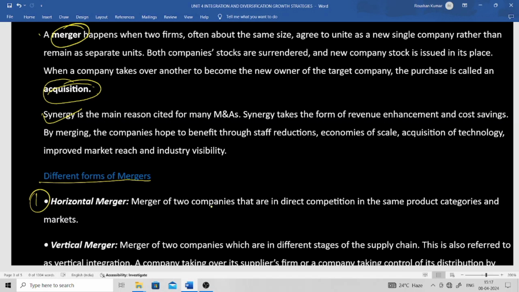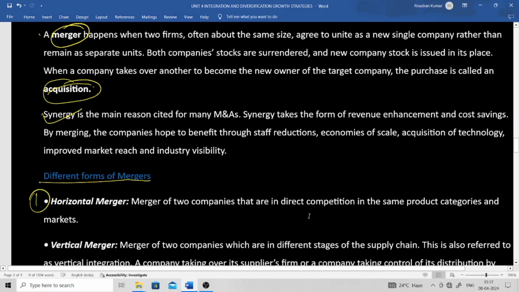Whenever those companies are combined, that is known as a horizontal merger.